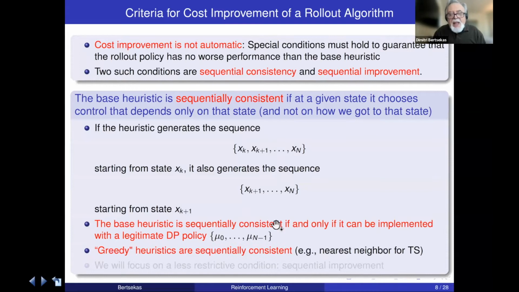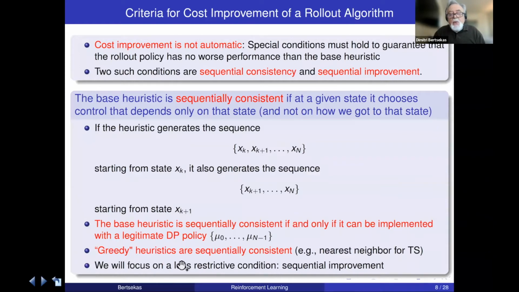For practical examples of sequentially consistent heuristics, greedy heuristics are of that type. An example of a greedy heuristic is the nearest neighbor heuristic for the traveling salesman problem. It depends on that state, but not exactly on the precise sequence that it got to that state, the state being a partial tour for solving the problem.